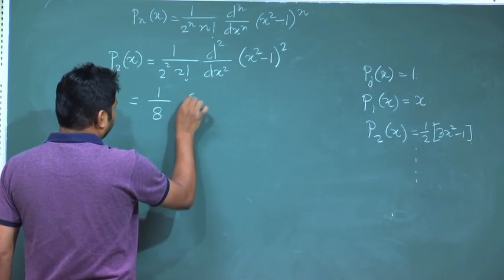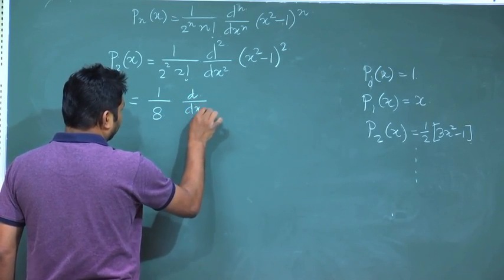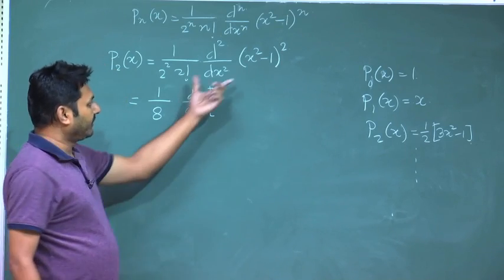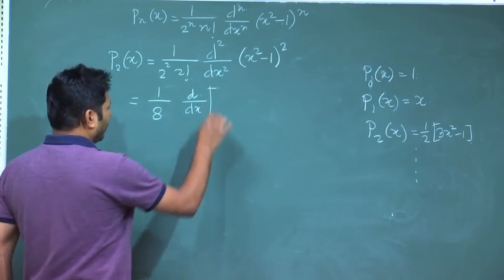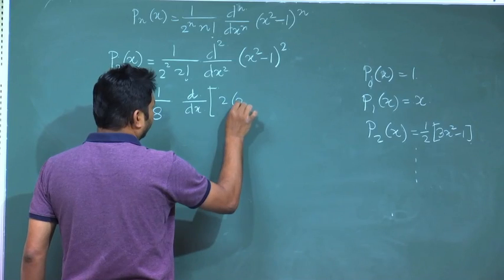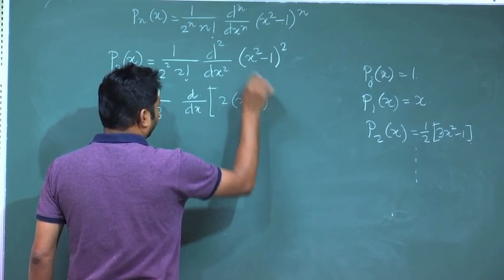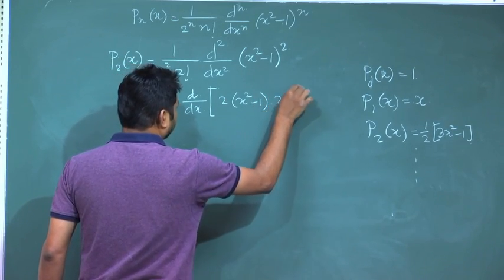Now the derivative d dx: when I take the first derivative of this, I will have a 2 term here, 2 of x squared minus 1, and for this x squared again a 2x term here.